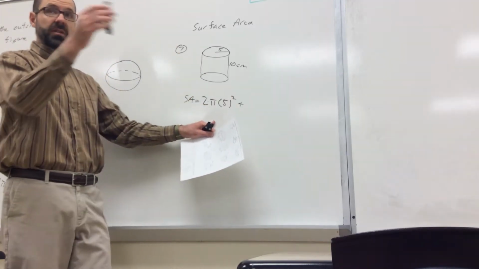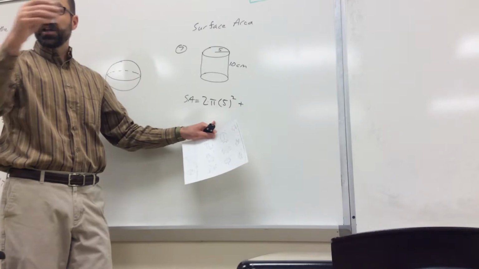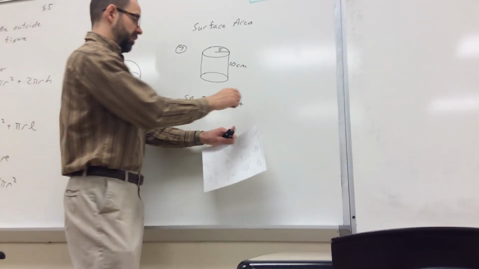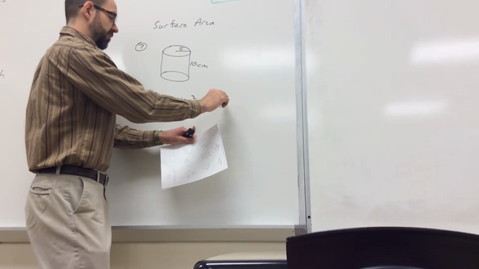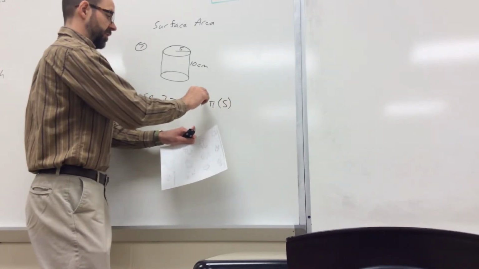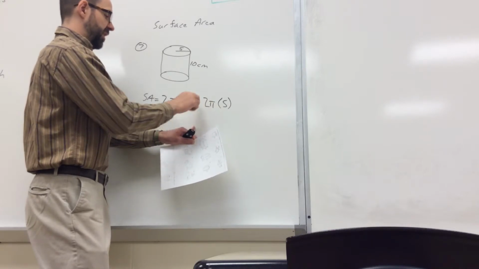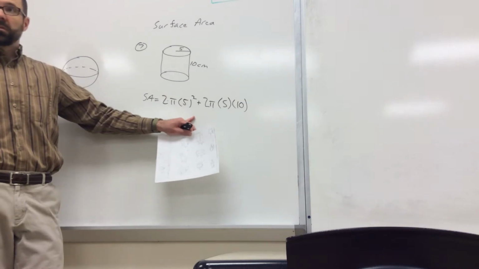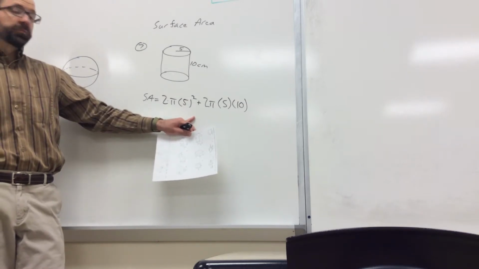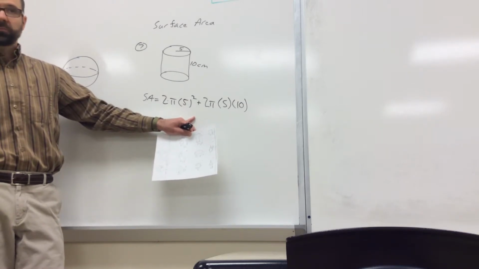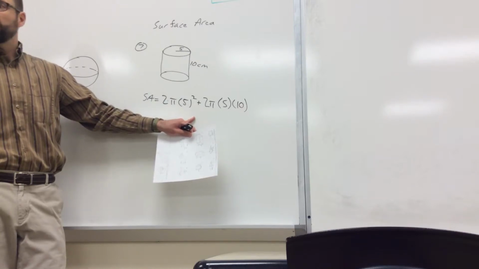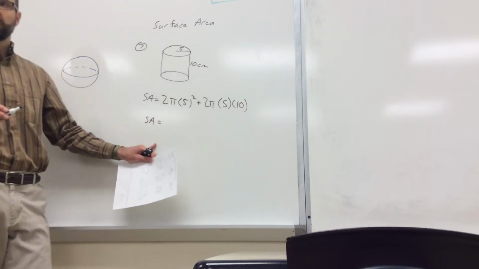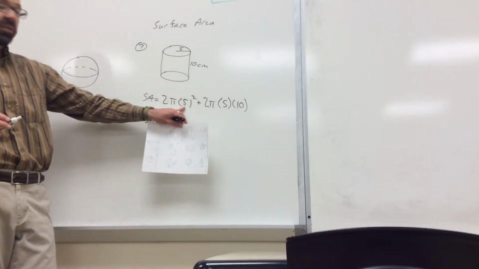And then to get the lateral area, the area on the sides, you do 2 times pi times radius times height. I forgot the 2, sorry. So 5 squared is 25.